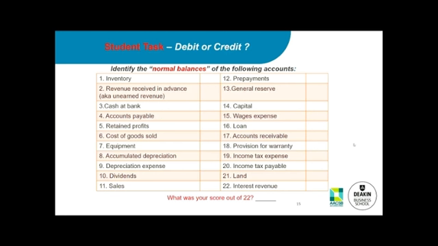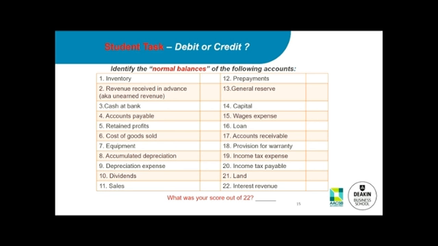Okay, so we're going to give you a little test now, all right? And I'll give you, let's say, 5 minutes to do this. So I want you, for each of those 22 items, tell me whether it's a debit or a credit. Just put it in the box there, and we'll go through the solution in a moment.